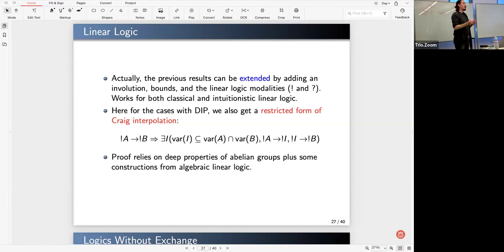Algebraic linear logic is not well known, but this is a tidy application. I can put these modalities on here and get algebras that give me logics corresponding to the deductive system of linear logic. All of this has some modified version of the Craig interpolation theorem for all of these extensions, where you put bang in front of everything in the linear logic case.